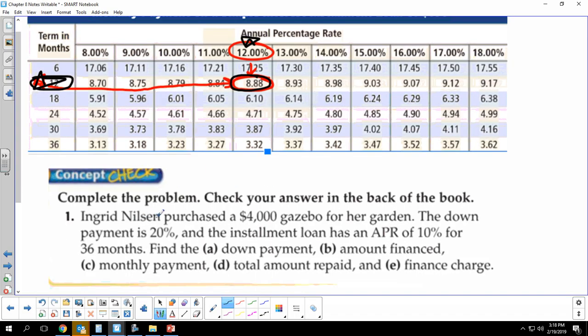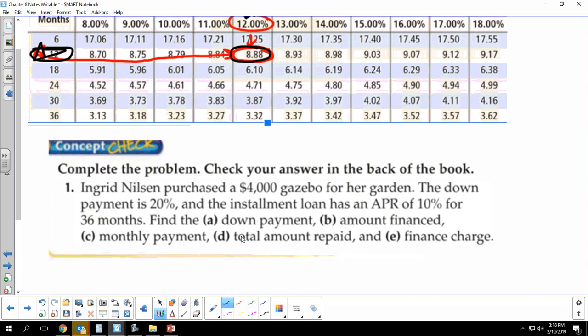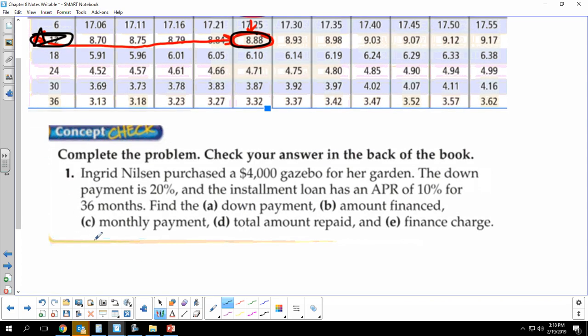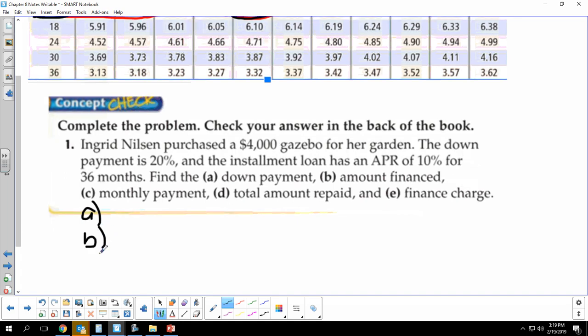Okay, let's do this last problem together. Ingrid Nilsson purchased a $4,000 gazebo for her garden. The down payment is 20%, and the installment loan has an APR of 10% for 36 months. We're going to find 5 things: the down payment, the amount financed, the monthly payment, total amount repaid, and the finance charge.